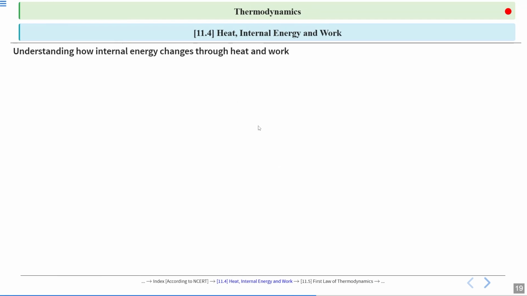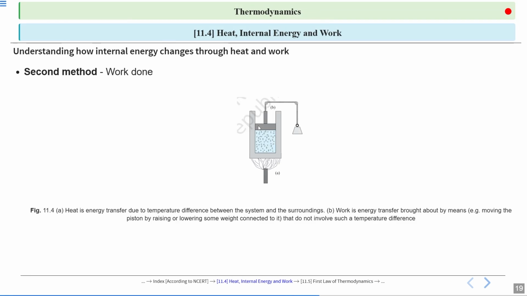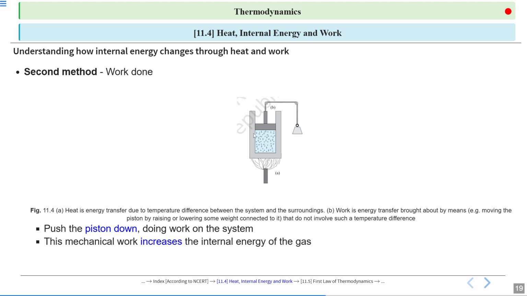Now the second method is work done. Now push the piston down, doing work on the system because the direction is vertically downward. So the mechanical work increases the internal energy of the gas.